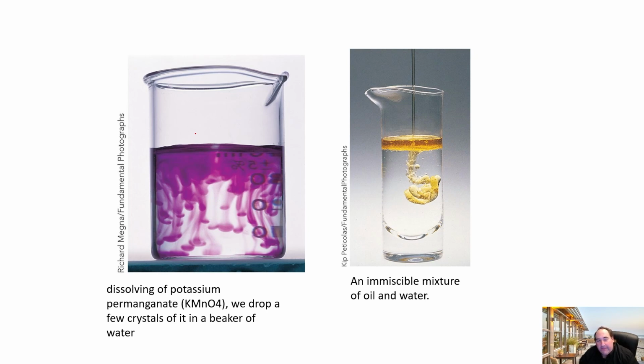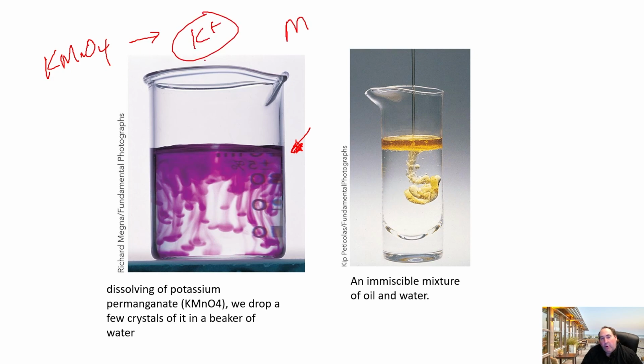Who knows? Here's a couple other examples of things being miscible and immiscible, or insoluble. Here's a potassium permanganate crystal. Makes this really pretty purple color. Don't get it on you if you ever use it. Turns everything purple, but will dissolve in water. And once again, potassium permanganate, one of those polyatomic ions we talked about, is really a potassium ion and a permanganate ion floating around.